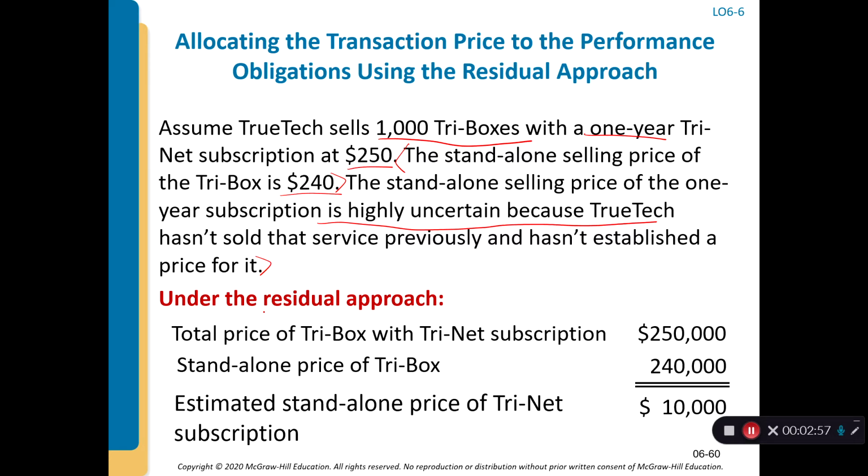Using the residual approach, it's just the total price of 250 multiplied by 1,000, minus the known standalone price of 240 multiplied by 1,000. So the estimated standalone price for the TrueNet subscription is $10,000.